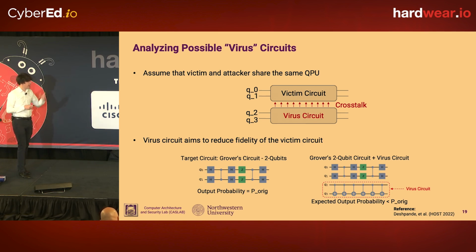Experimentally, we found that executing a bunch of CNOT gates, which are two-qubit gates, seems to generate the most noise and interference. So if you make a malicious circuit that just has a bunch of CNOT gates, which don't do any computation but seem to generate the most noise, you can disrupt the computation of another user or another circuit.